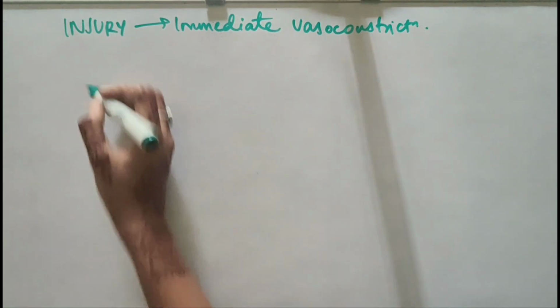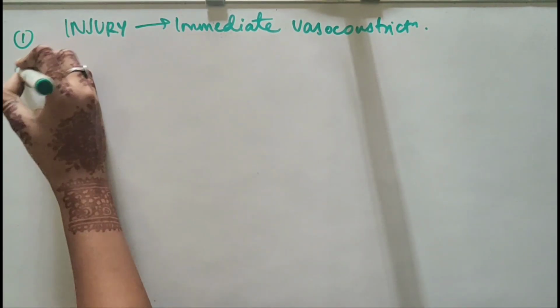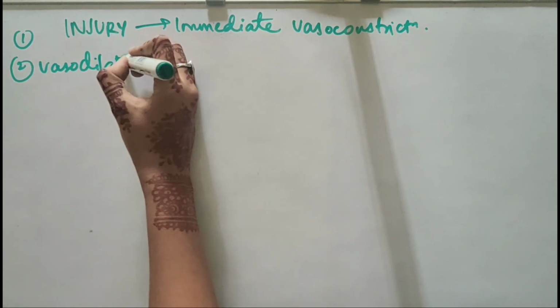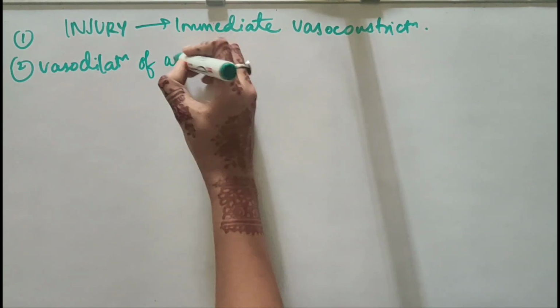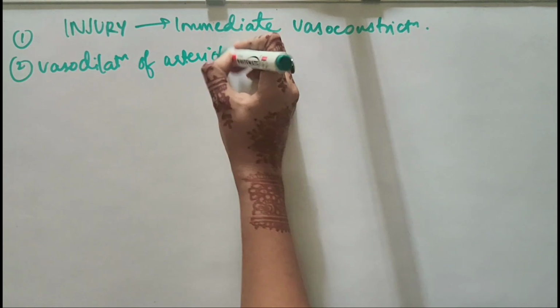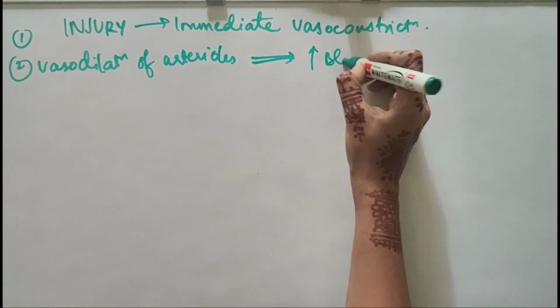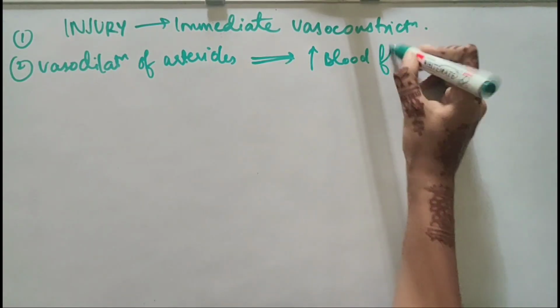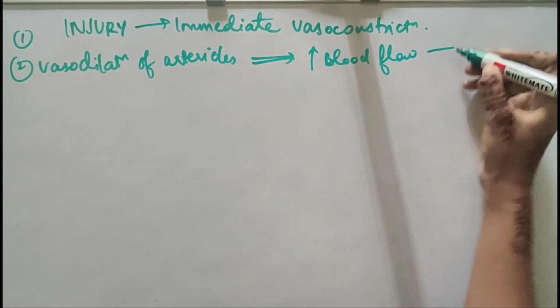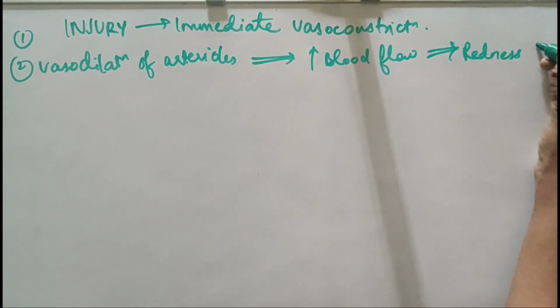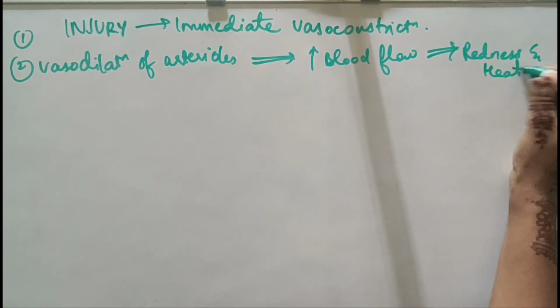Okay, then we had vasodilatation of arterioles, which had increased blood flow resulting in redness and heat.